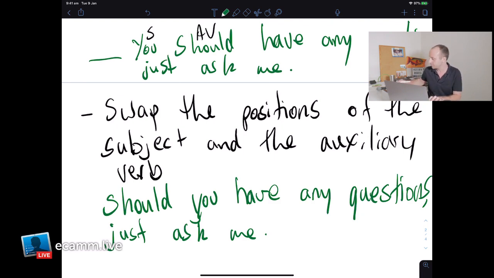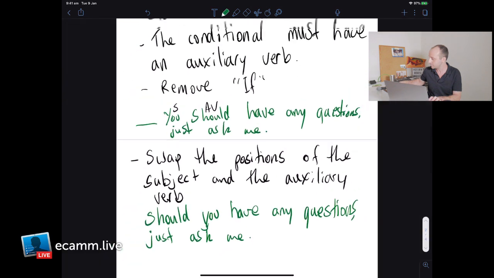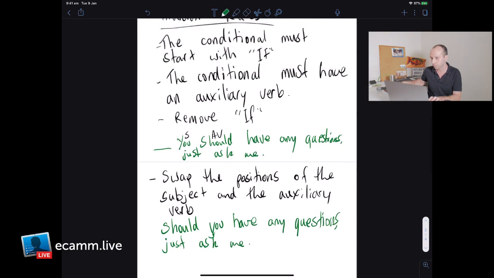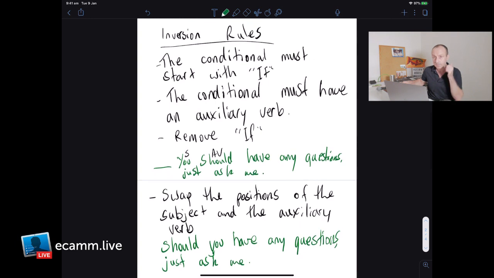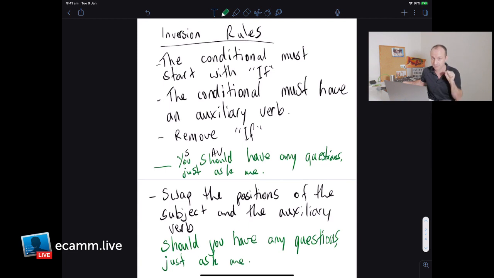Fantastic. Ooh, look at that. Does the conditional start with if? It should. Is there an auxiliary verb? It should have that. Remove if, swap the positions of the subject and the auxiliary verb, and then you are left with that.